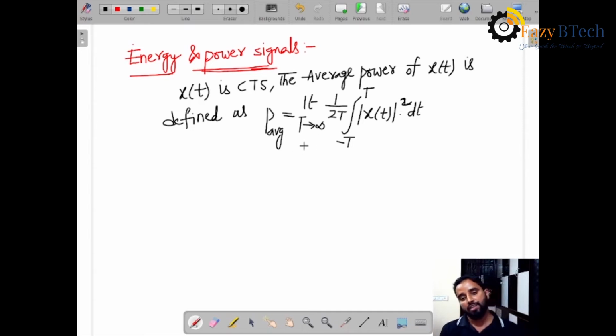So this is the average power of a signal x of t. Generally power units are watts.